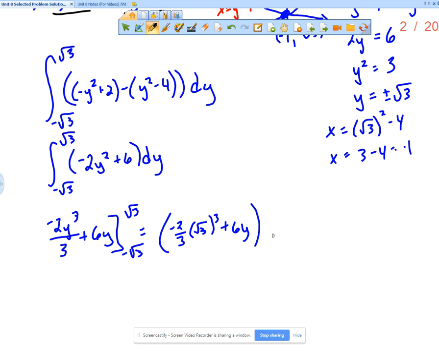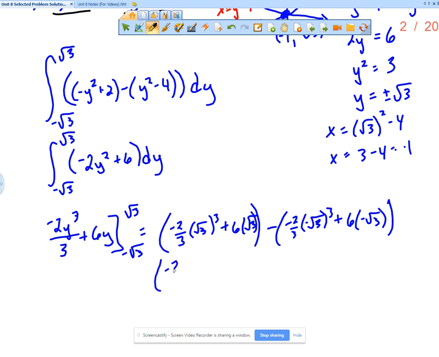And then I get minus negative 2/3 times the negative root 3 cubed plus 6 times negative root 3. All right, and sorry, I forgot to plug in a value here. All right, and so this should be a positive root 3 as well.